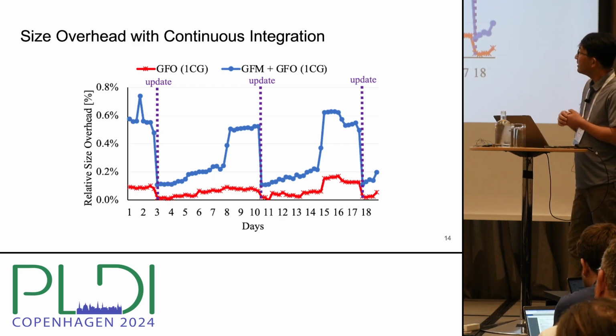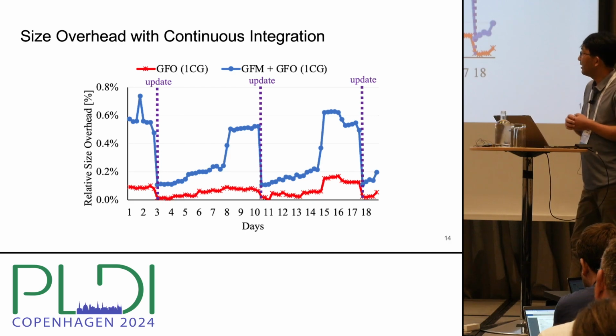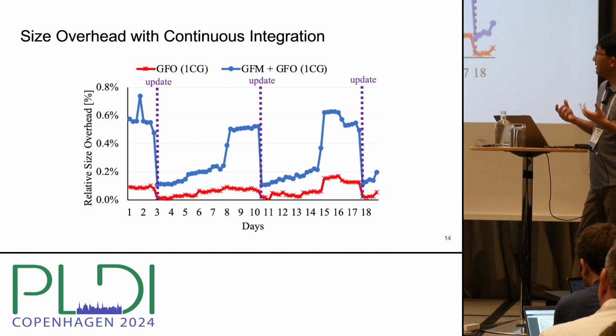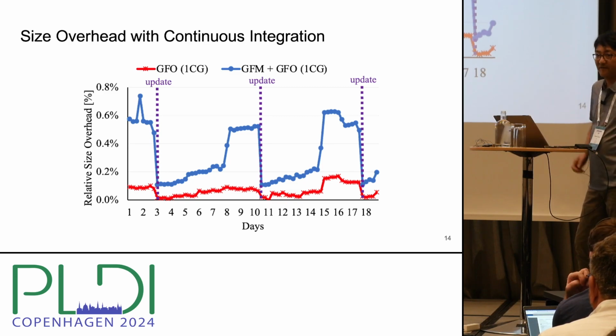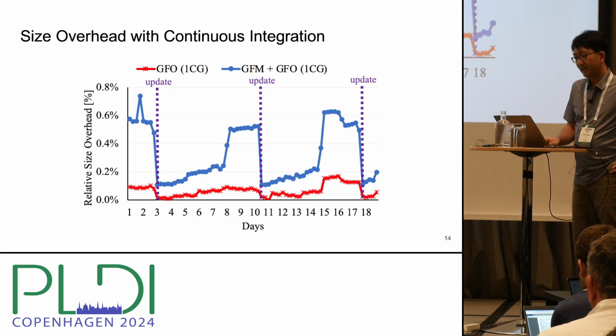But if you look at the blue line, when we combine merger and the outliner, it can spike up to 0.7%, right before the Gaussian artifact update on the top line.